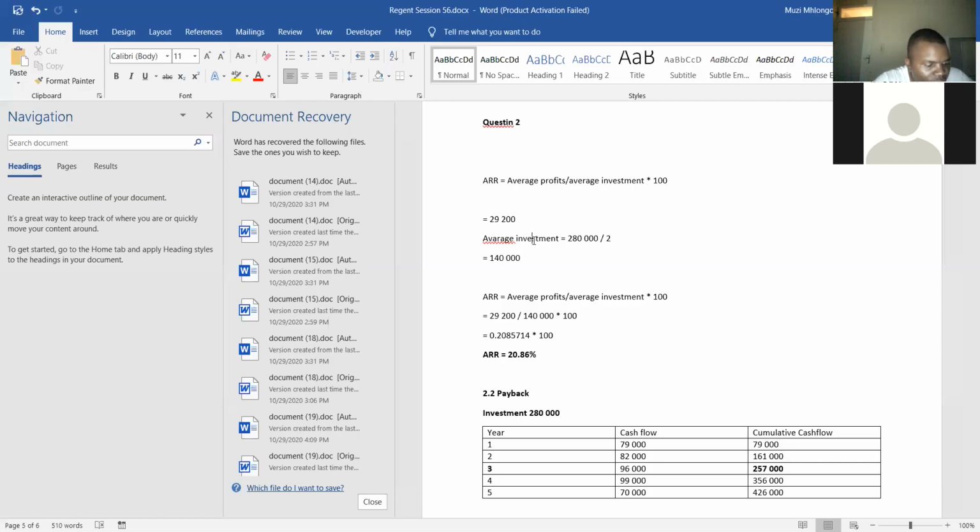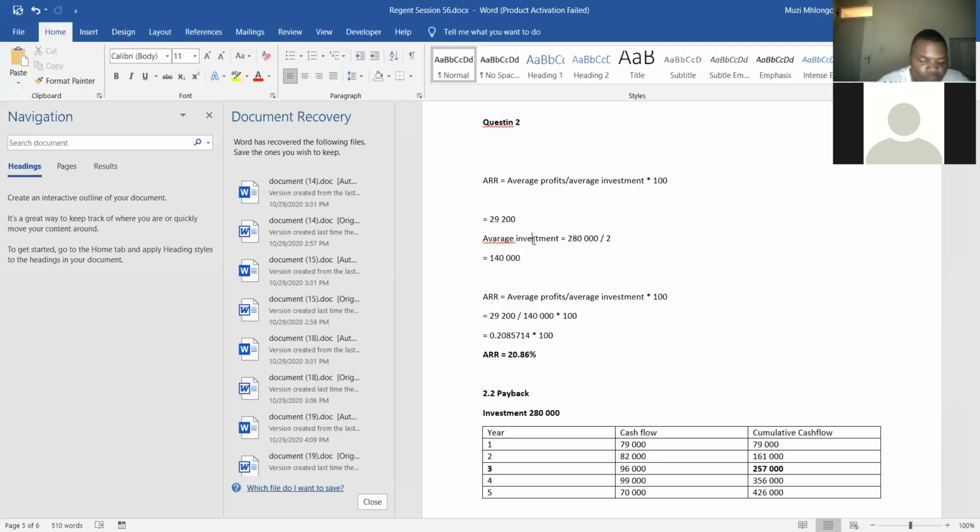When it says required, calculate the AIR, accounting rate of return, the solution says cash flow needs to be converted to net profits. This will entail adding back the depreciation tax shield.